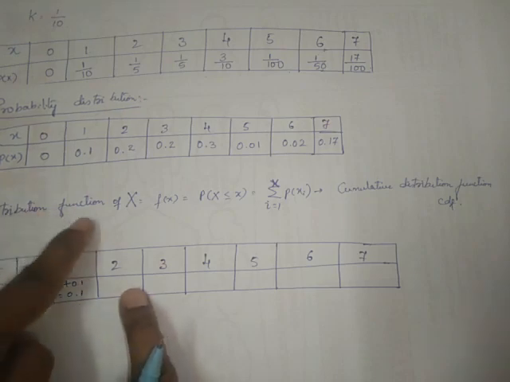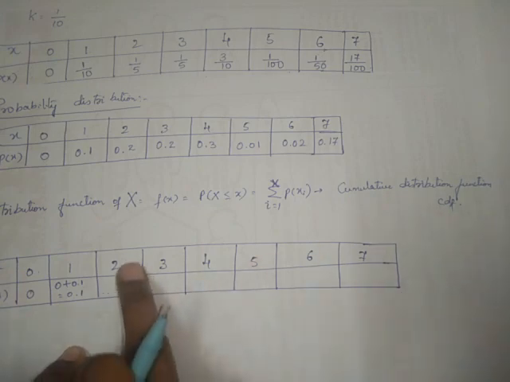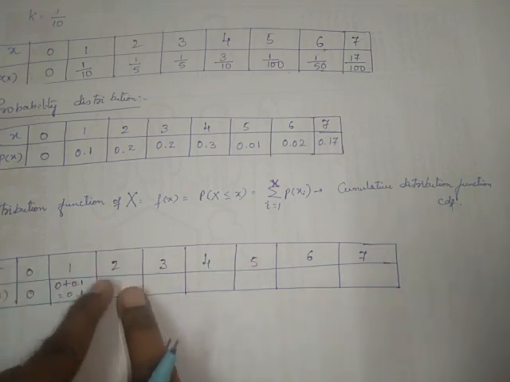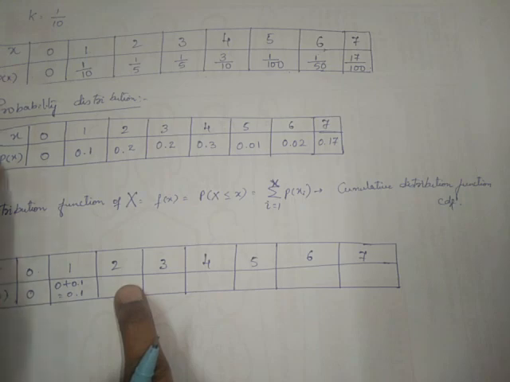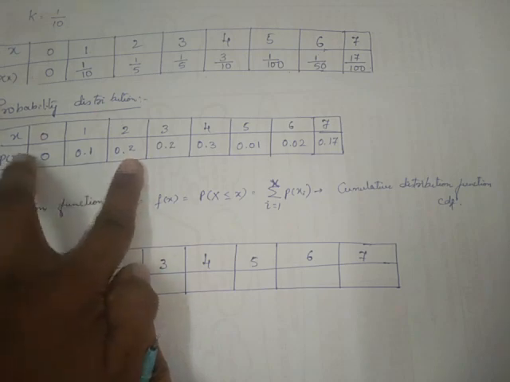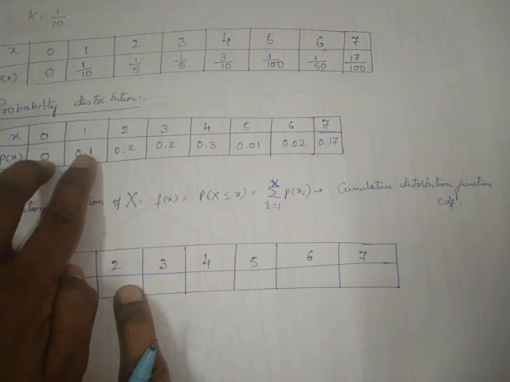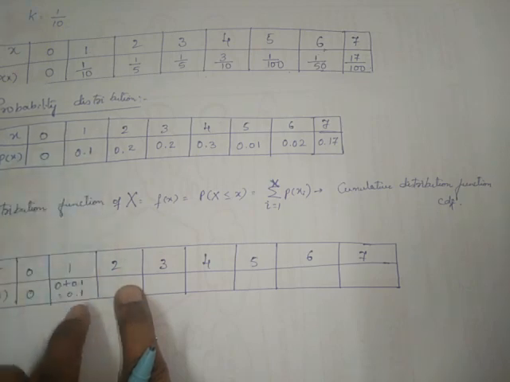Next, the CDF for x is equal to 2: we have to add all the values of p of x from the start, that is x is equal to 0, till x is equal to 2. In the first block we have already added two values and written here.